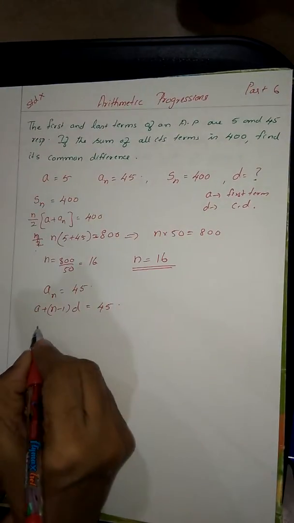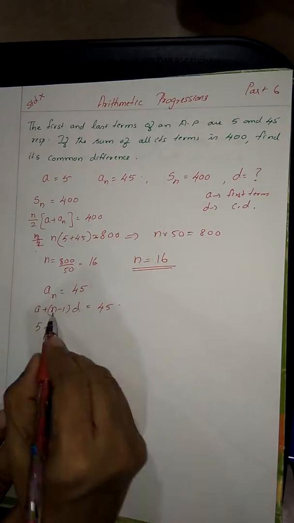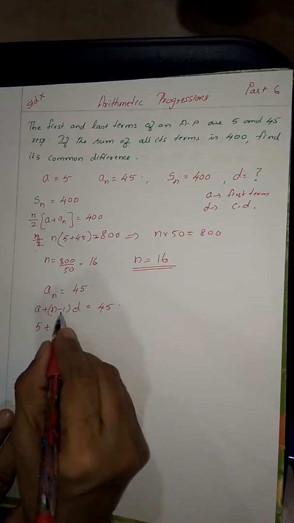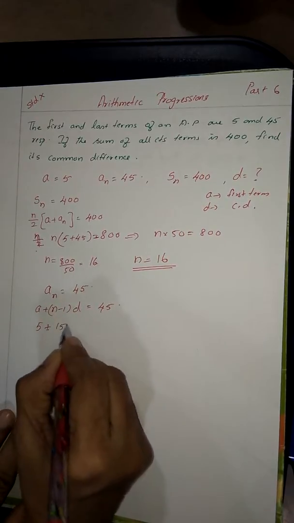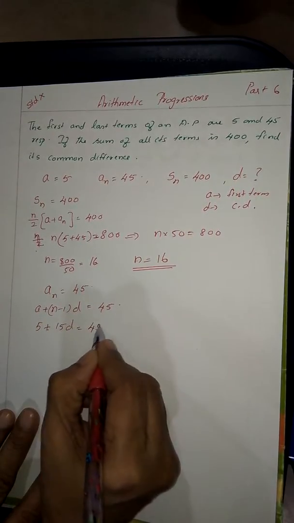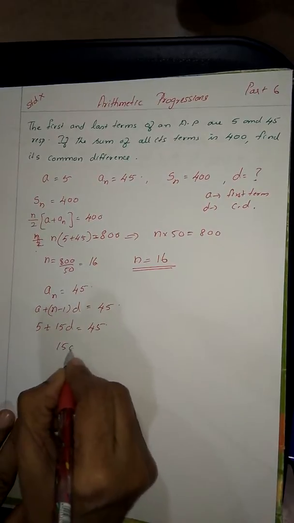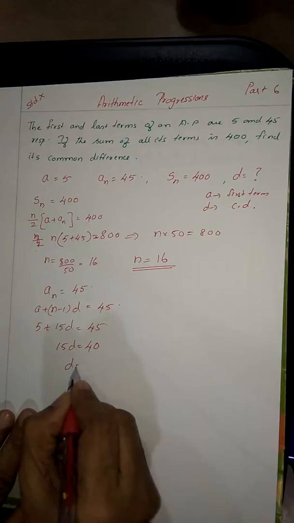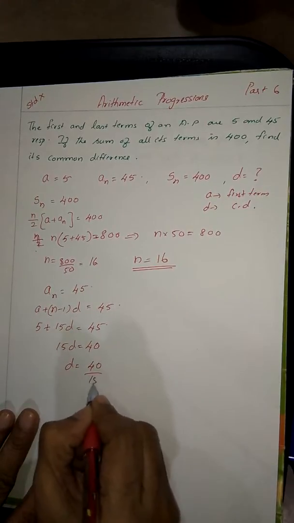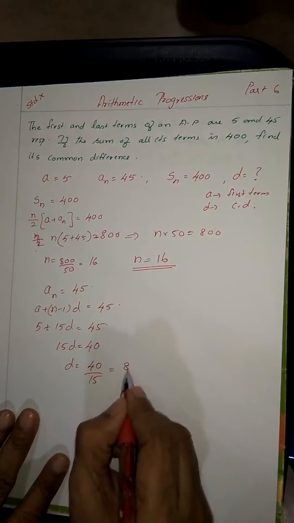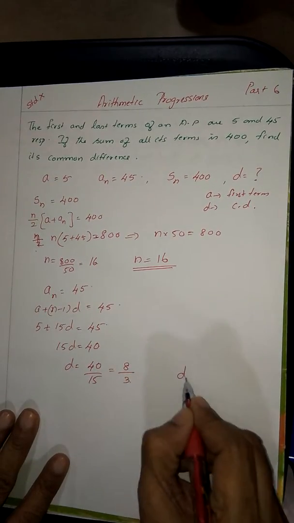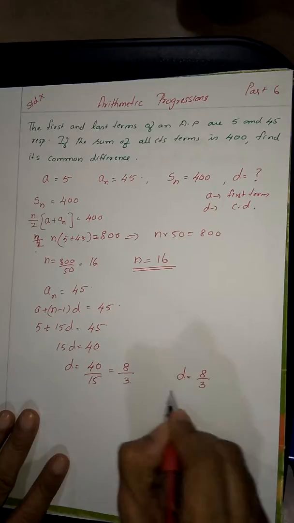A is 5, plus n we have already got 16, so 16 minus 1, so 15D is equal to 45. So 15D is equal to 40. Therefore D is equal to 40 by 15, that is equal to 8 by 3. So the common difference is equal to 8 by 3.